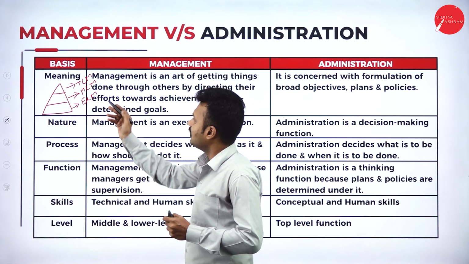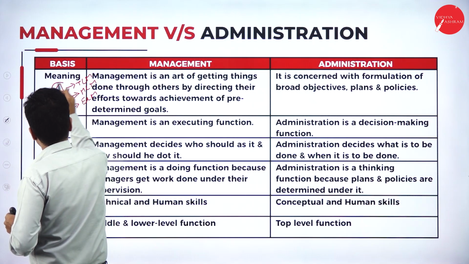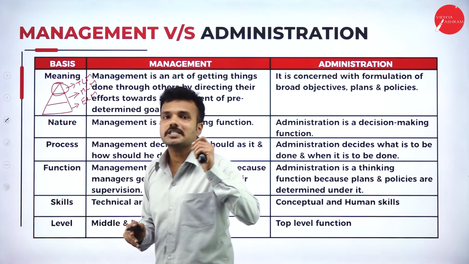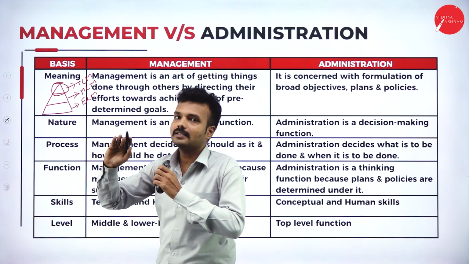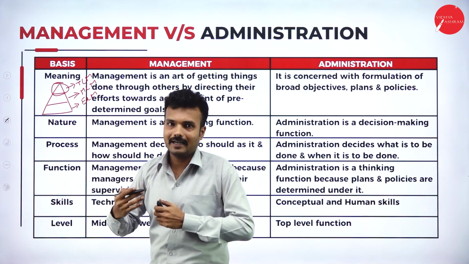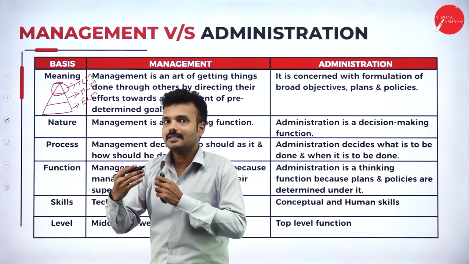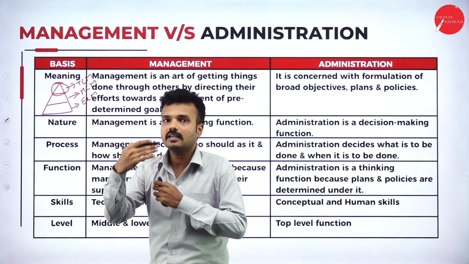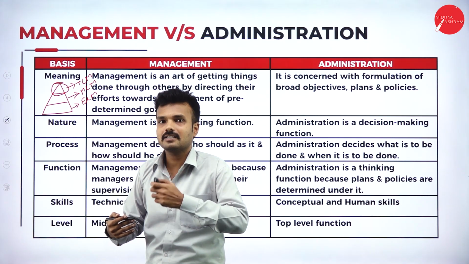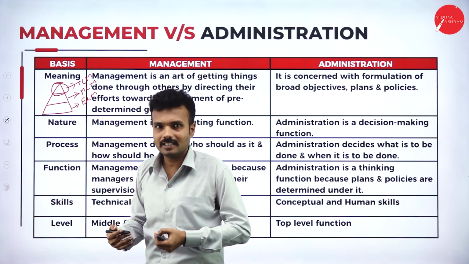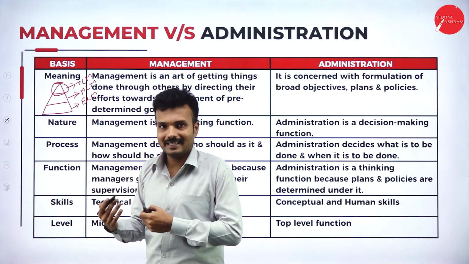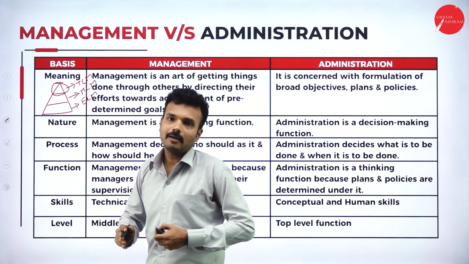So here the top level management we call an administrative management. This top level management takes the decisions of the organization, whatever things have to happen in the organization, what tasks must be completed in the organization, whatever goals must be reached in the organization should be decided by the top level management.